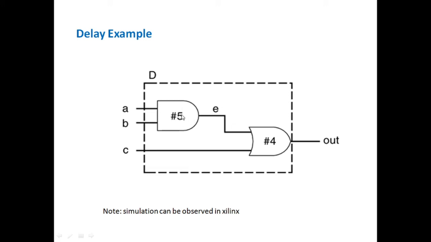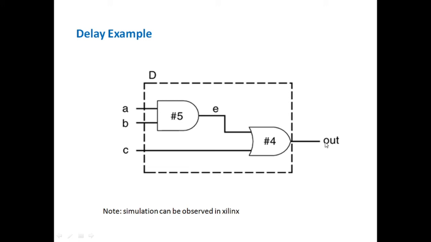So this is 5 time units. It may be 5 nanoseconds or 5 picoseconds. This time unit is decided by your timescale compiler directive. The OR gate is also associated with a certain delay, that is 4 time units.